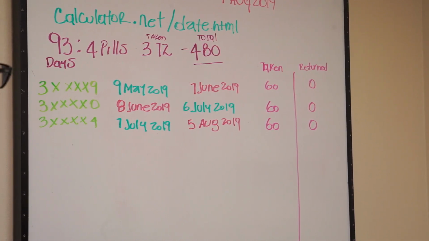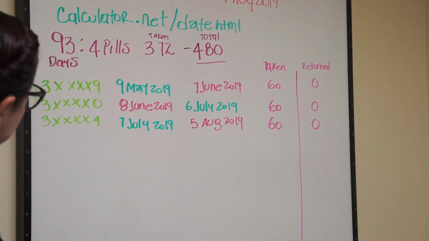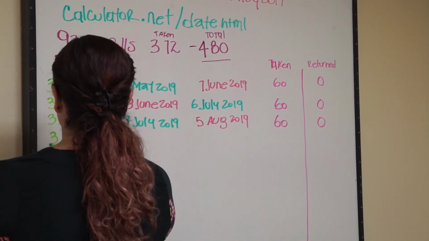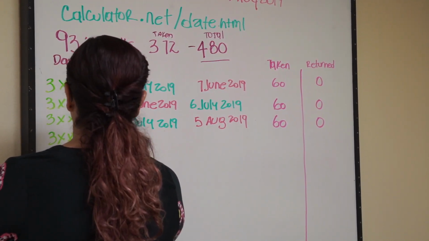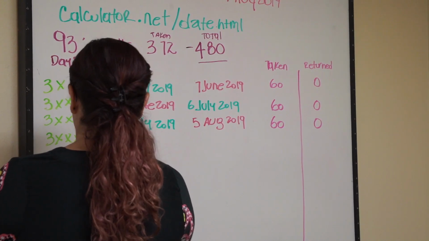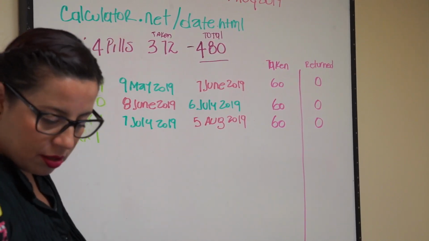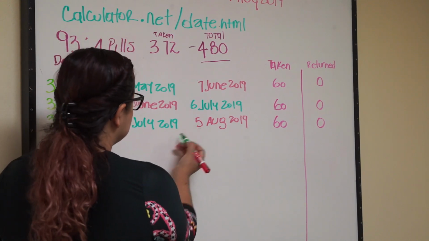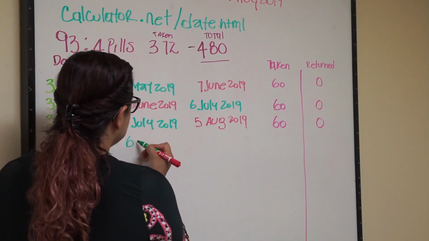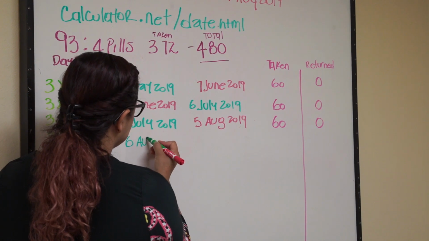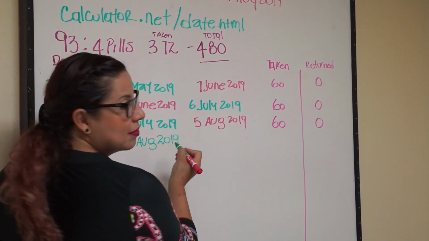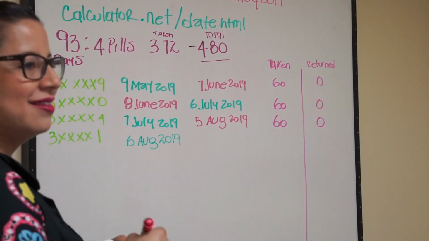Then the last bottle is going to be from 6th August. Until when? If you're doing it on the 9th, it should be the 9th, right?